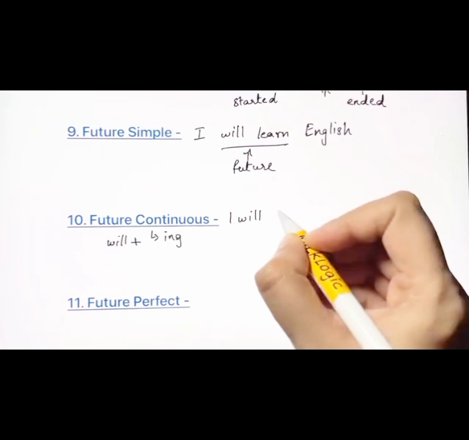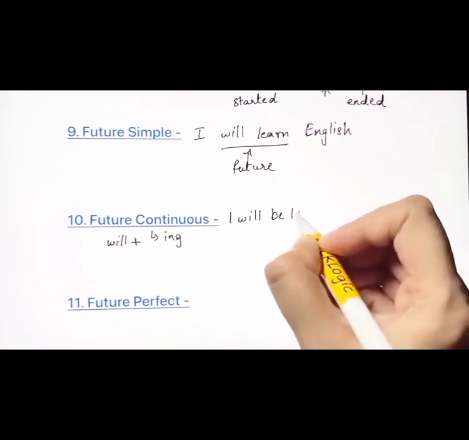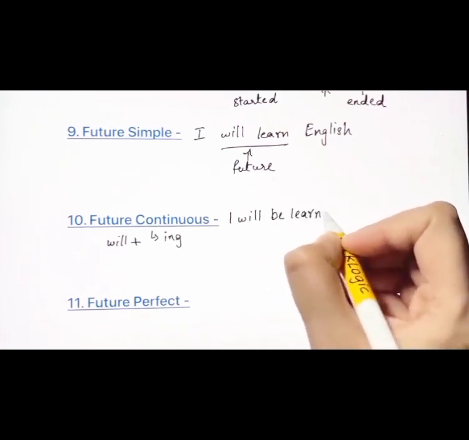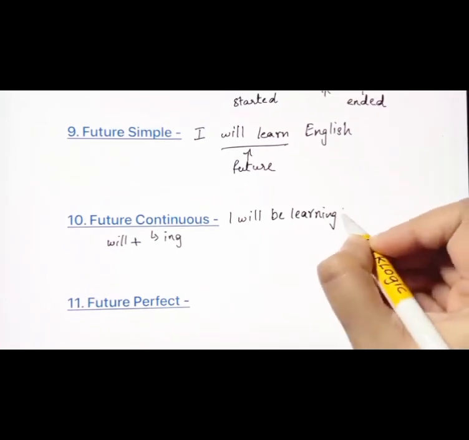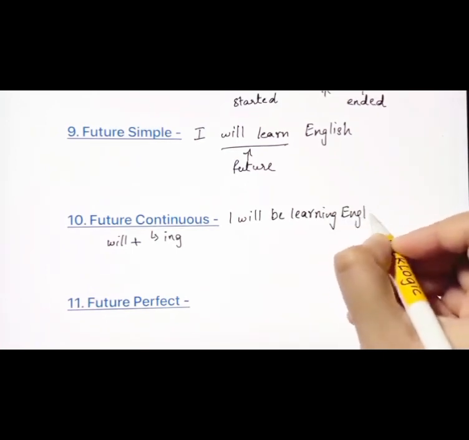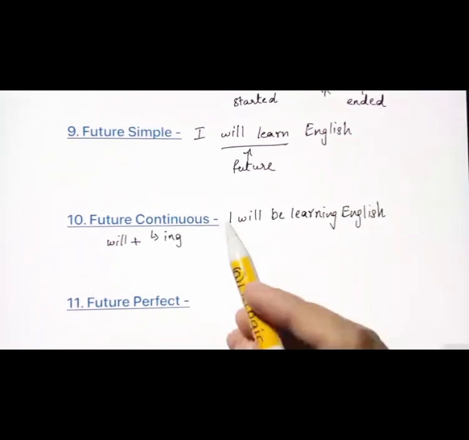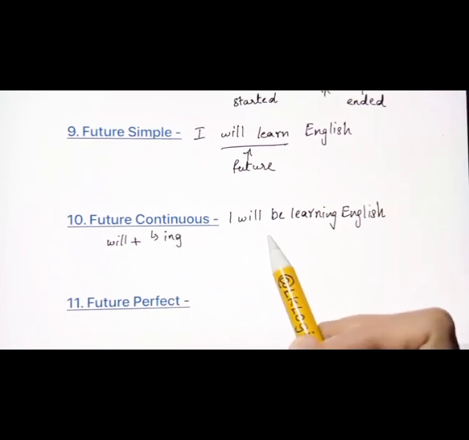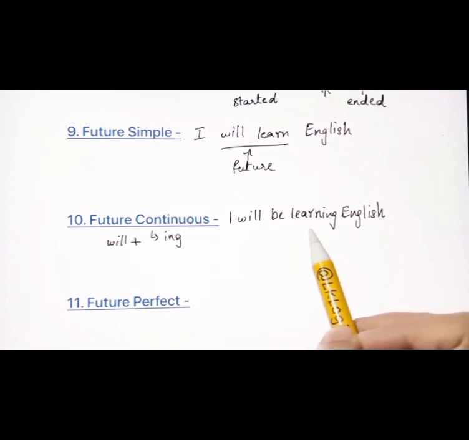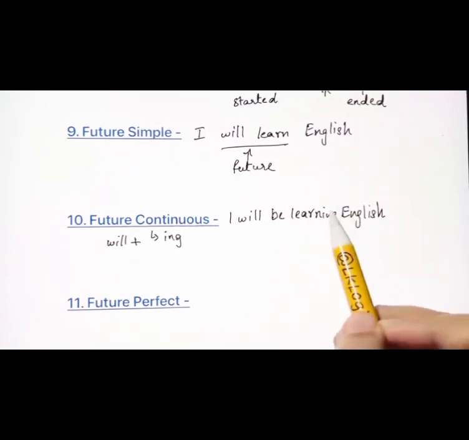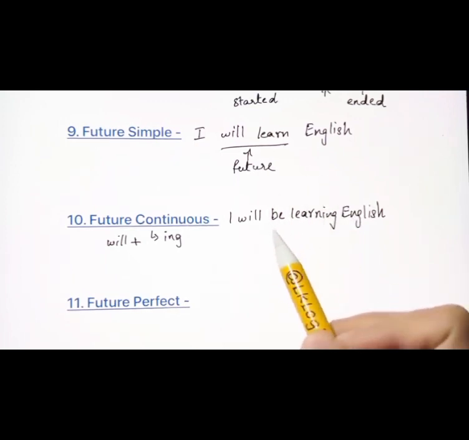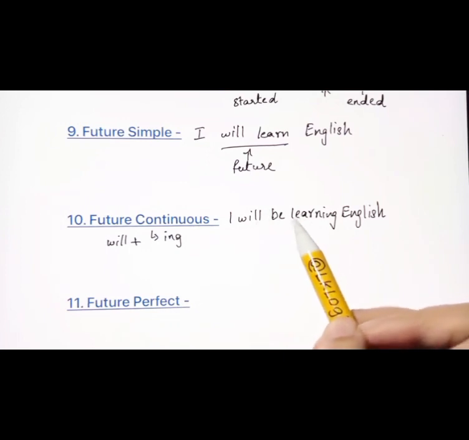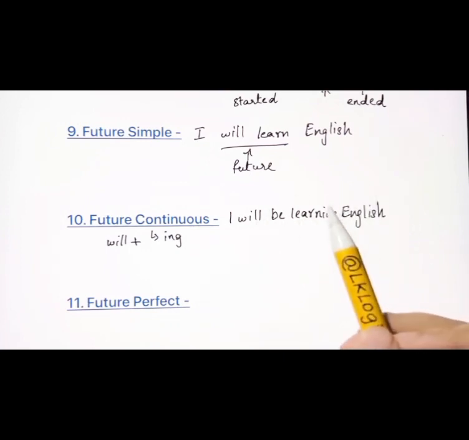I will be learning English. So future continuous tense is a verb that shows an action happening over a period of time in future. For example, I will be learning English all night.